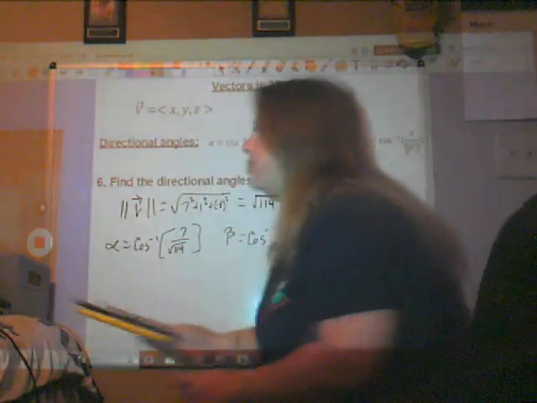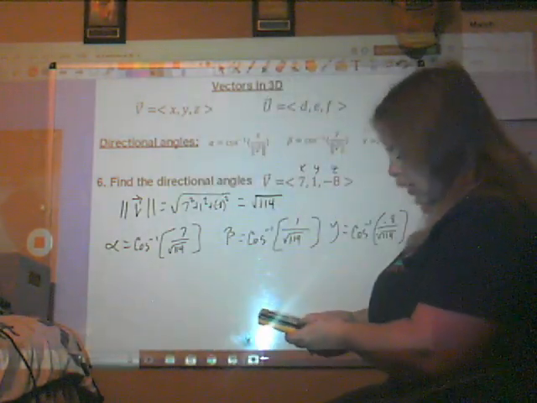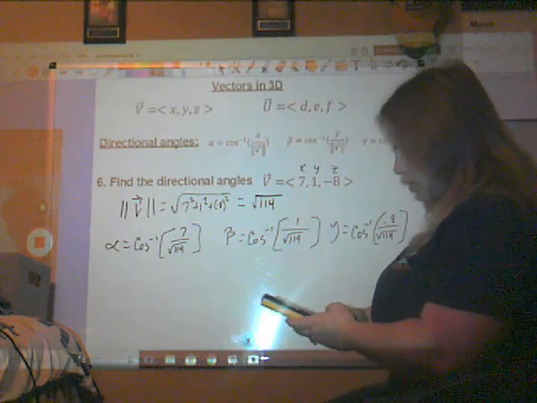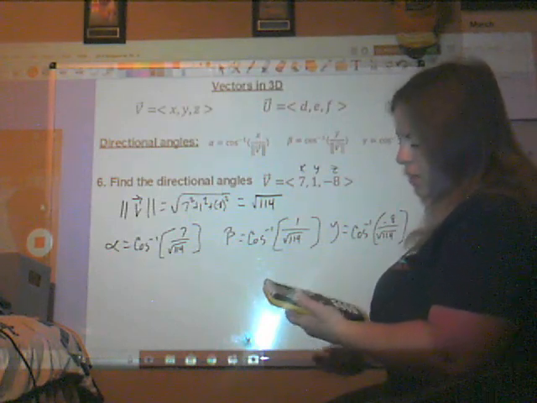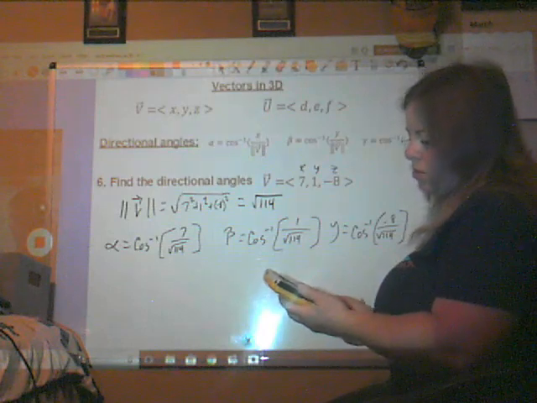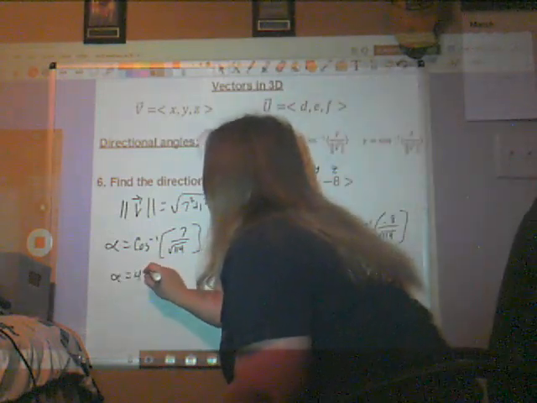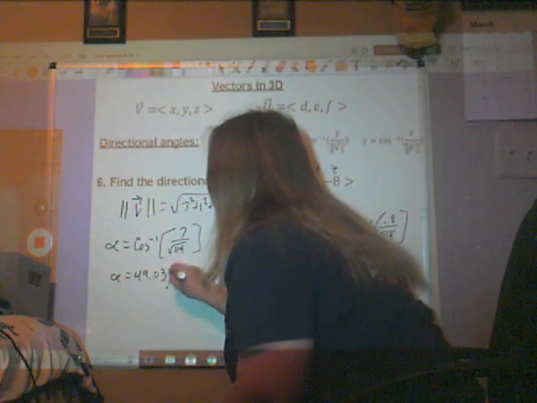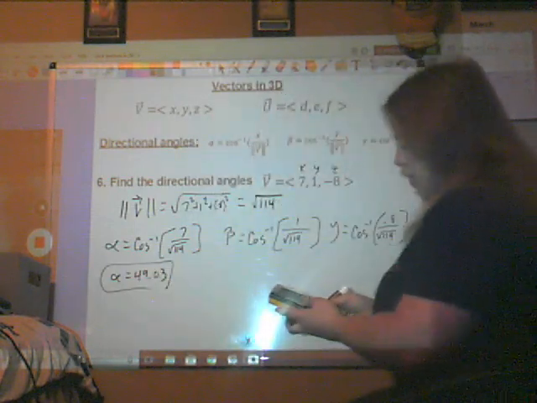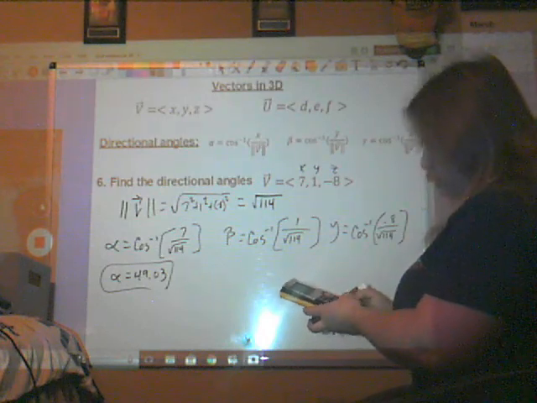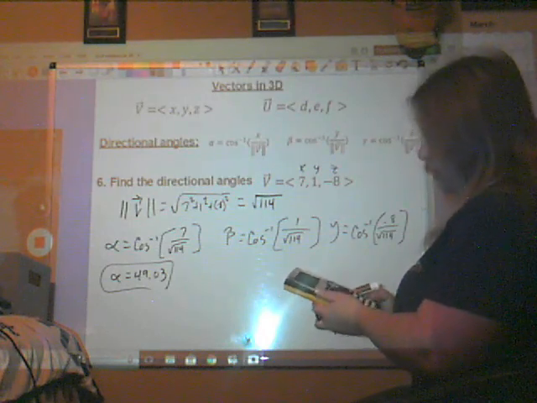So I just type those in my calculator. So you do second cosine of 7 over the square root of 114, we get 49.03. So alpha is 49.03. And then beta, we're going to do the second cosine of 1 over the square root of 114.